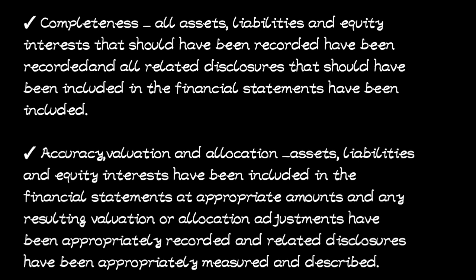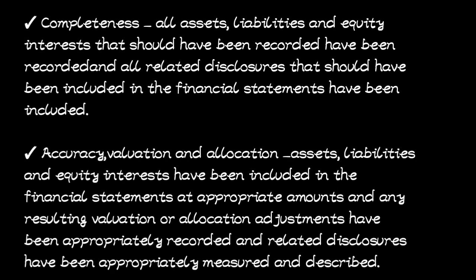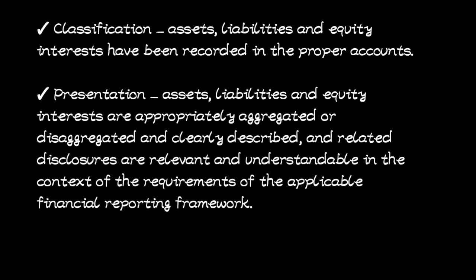So the auditor has to make sure that depreciation has been recorded at the right amount, then plus the net book value and all that. So accuracy, valuation, and allocation. Another assertion is classification. So here the auditor has to confirm that assets, liabilities, and equity have been recorded in their proper accounts. And lastly is presentation.